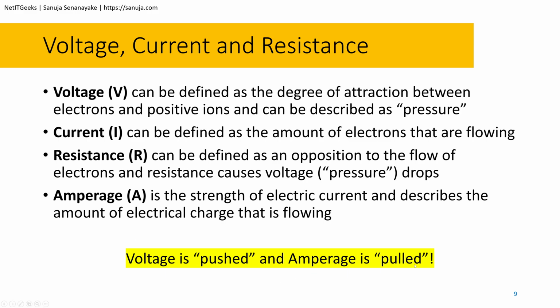Why is this important? If you connect a device that is rated for a specific voltage to a power source with a higher voltage, the device will fry. Why? Because voltage is pushed to the device, and too much voltage will burn out that device.